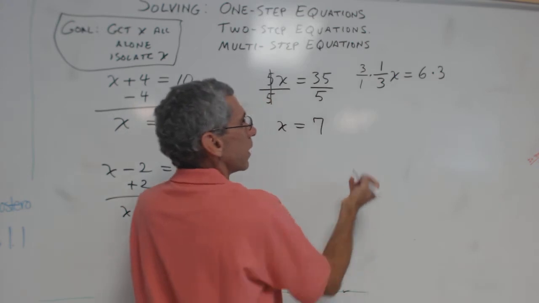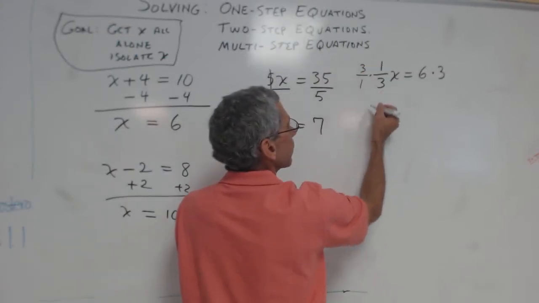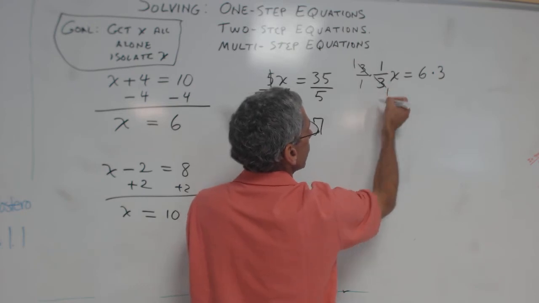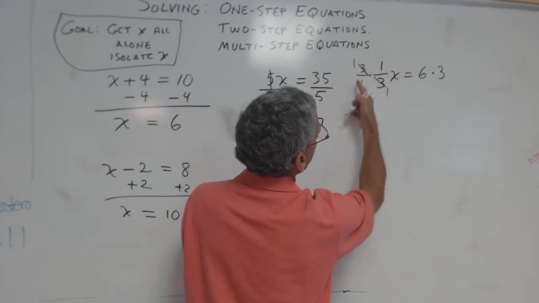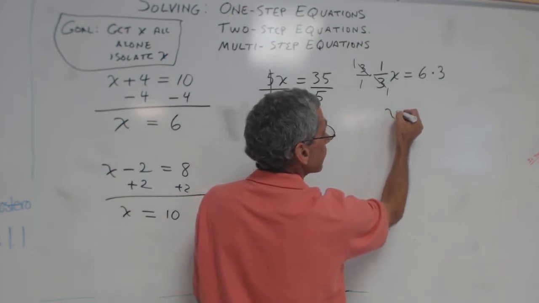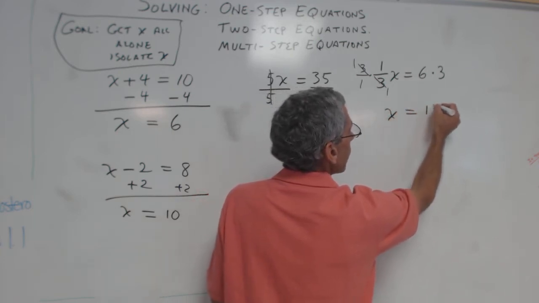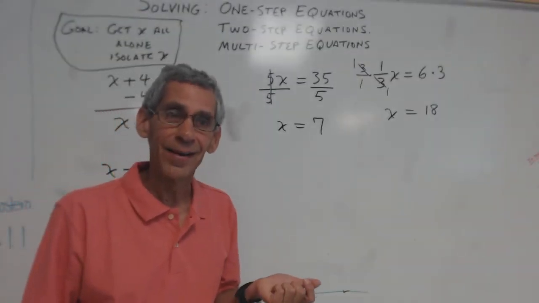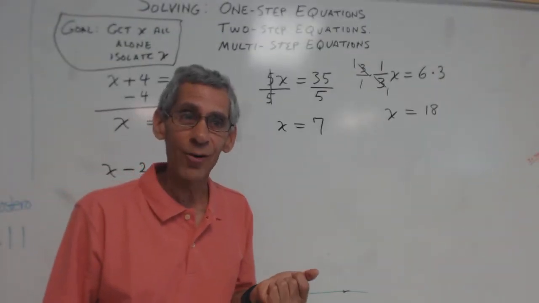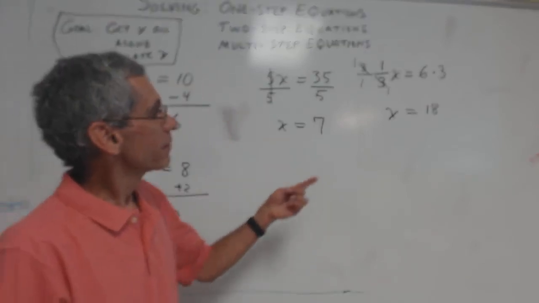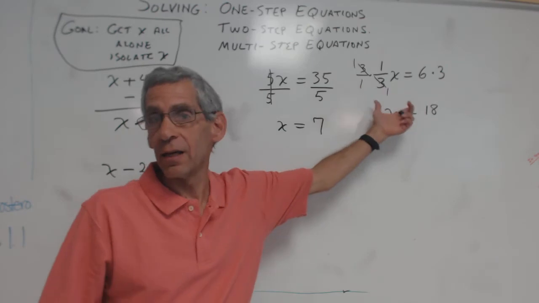Then 3 goes in 3 once, 3 goes in 3 once. 1 over 1x, that's just 1x, or x equals, oh my God, Ben, you were right. It's 18. Good guess, buddy. That was a great guess. I'm just kidding. Good job. So anyways, that's how you do those.